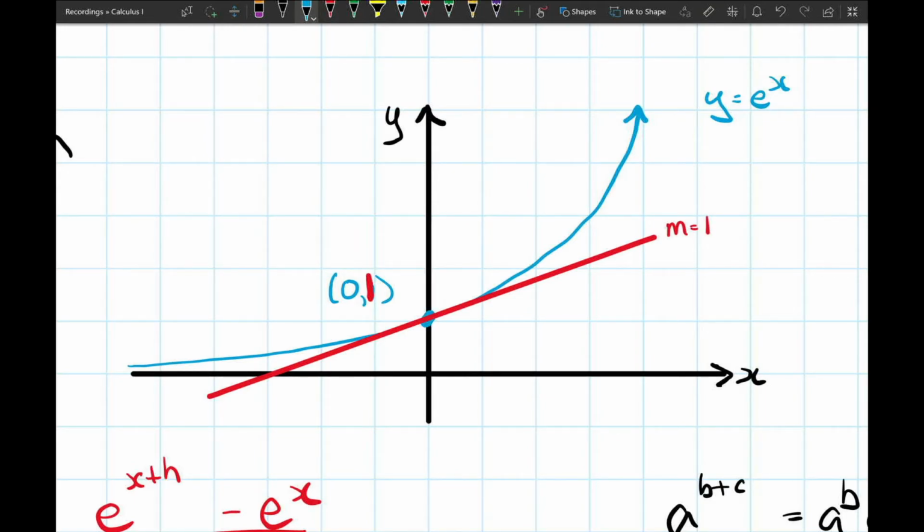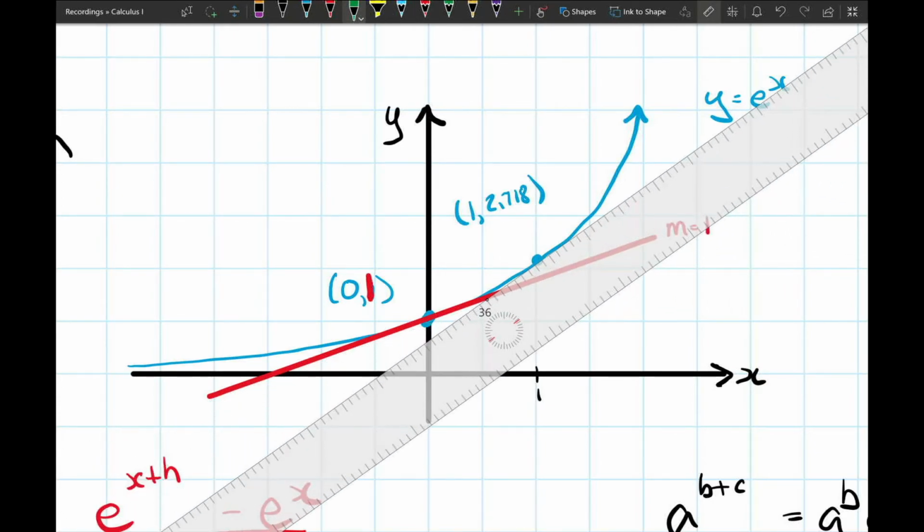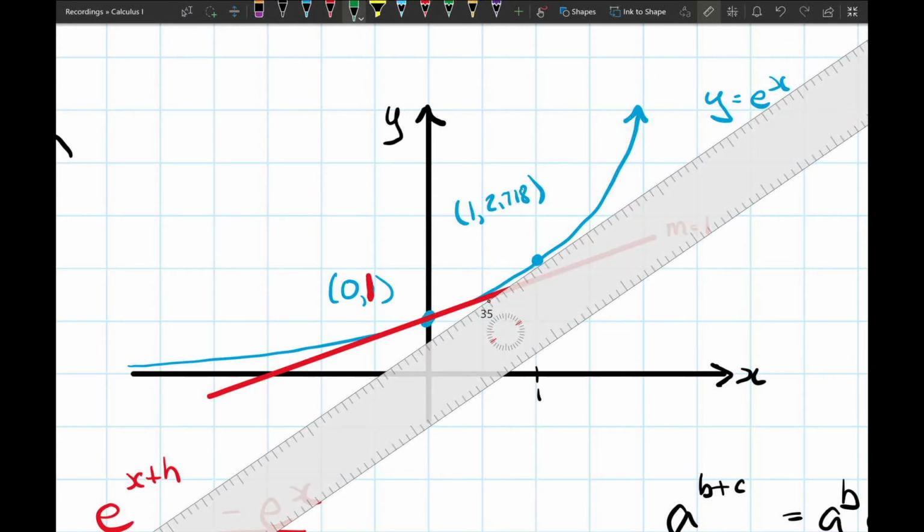Here's another point. If we go ahead and plug in an x equal to 1, then our point on the graph is (1, e), which is roughly 2.718. And at that particular point, the slope of the graph is exactly e, or roughly 2.718.